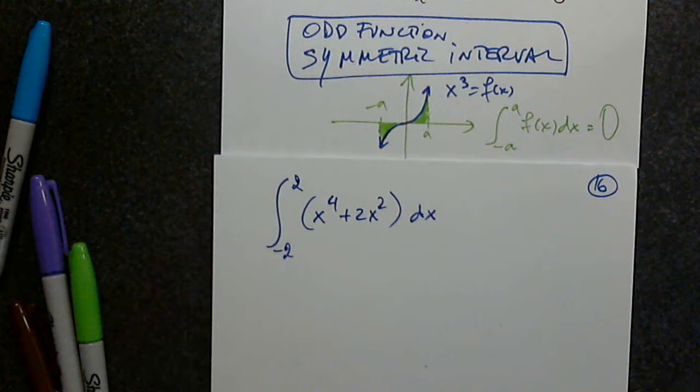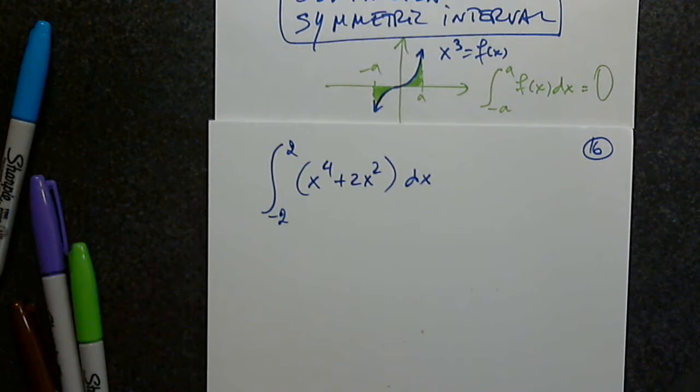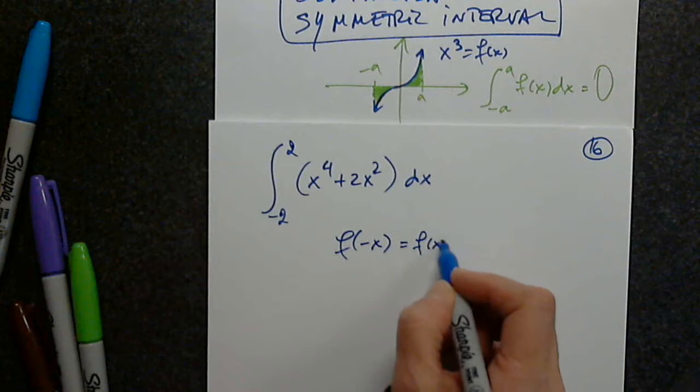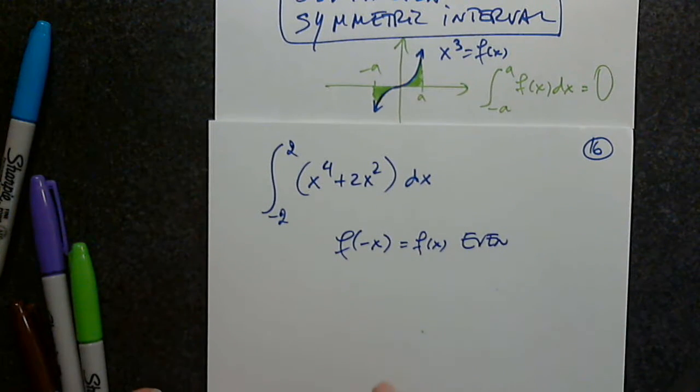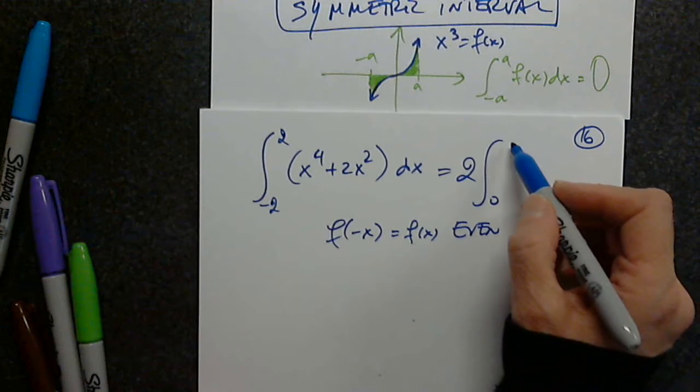If you say even, I'll write twice the integral from 0 to 2 of that function. Is this odd or even or none of the above? If it's none of the above, then I have to continue step by step and determine this. It is even. Would you agree? Because f of -x is the same as f of x, the function is even. Therefore, I will definitely do this because it's easier to calculate.